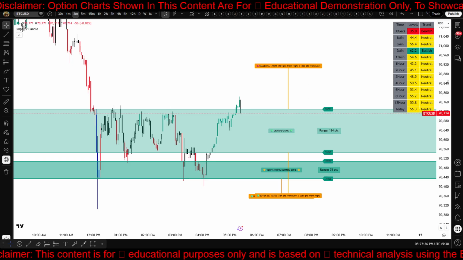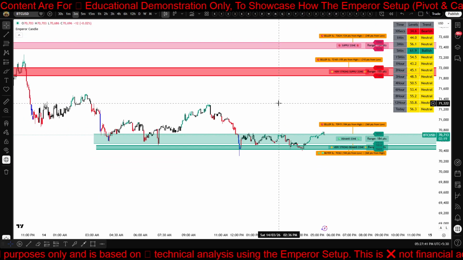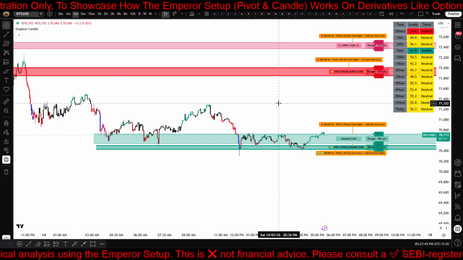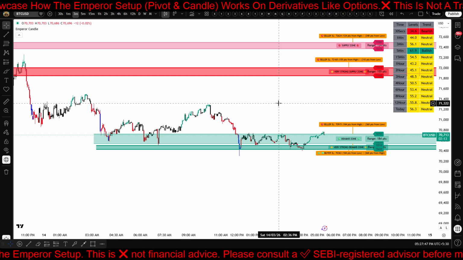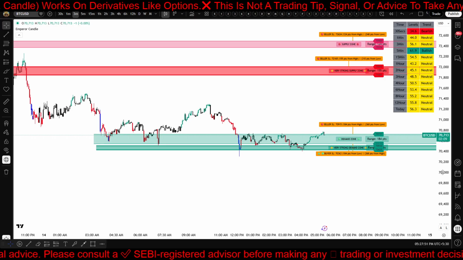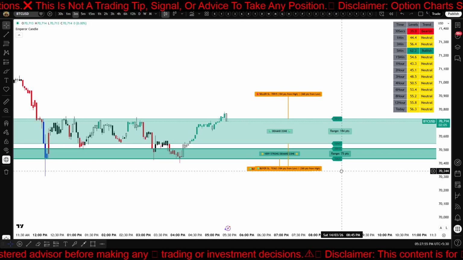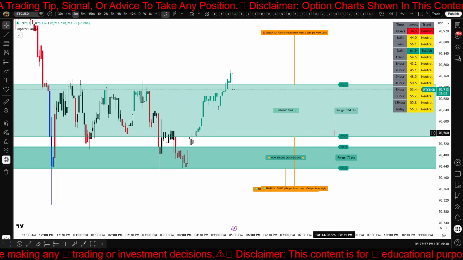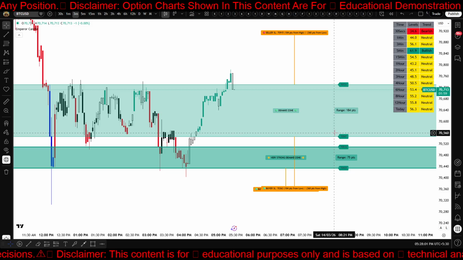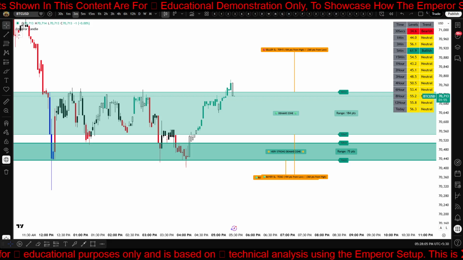So, final summary. The complete Emperor Candle trading strategy works like this: identify the trend using the trend table, find the higher time frame zones, wait for price to reach the zone, look for confirmation candle, take the entry, place the stop loss, set the target using zone to zone trading, and manage the trade using trailing stop loss.